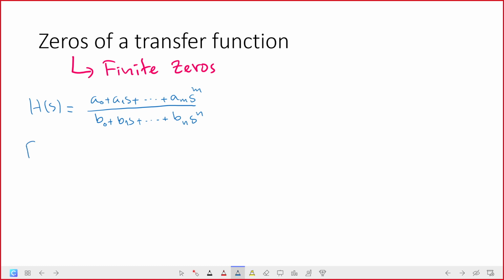To find finite zeros, you take the numerator equal to zero.